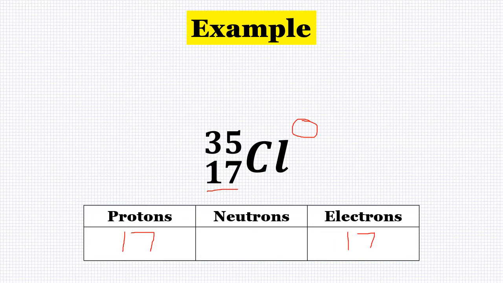Our mass number is 35. 35, remember, is equal to the number of protons, which is 17, plus the number of neutrons. Let's subtract 17 from both sides. 35 minus 17 is 18. So we have 18 neutrons.